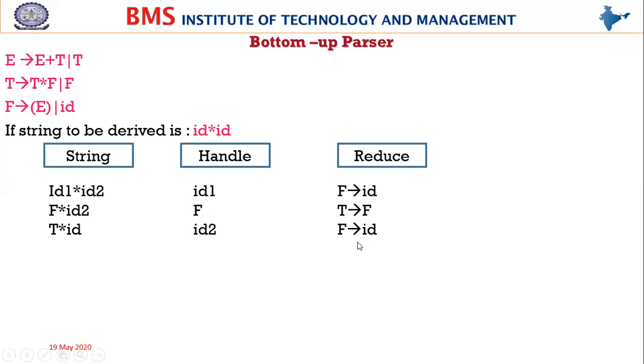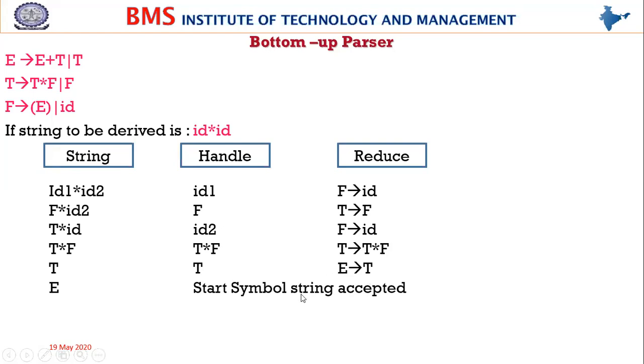We have a production F produces ID, so we are replacing that by F. What is remaining in the string is T star F. We have a production T produces T star F, so we can replace the T star F by T. Now the handle is only one symbol, that is T. We have a production E produces T, so we are replacing it by E. So we got the start symbol and the entire string is consumed. We are left with only the start symbol. So it is an accepted grammar, or successful parsing.